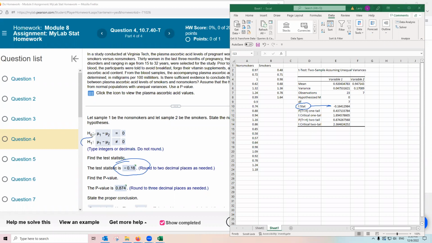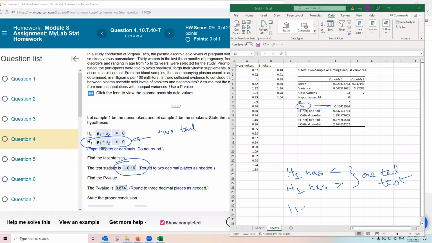Well, for us, our alternative had a not equal symbol. When you have a not equal symbol like this, we call this two-tail. Let me make a note of this. If the alternative has a less than, or if the alternative has a greater than, we call this a one-tail test.